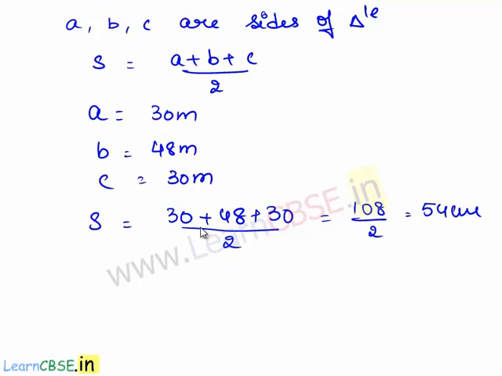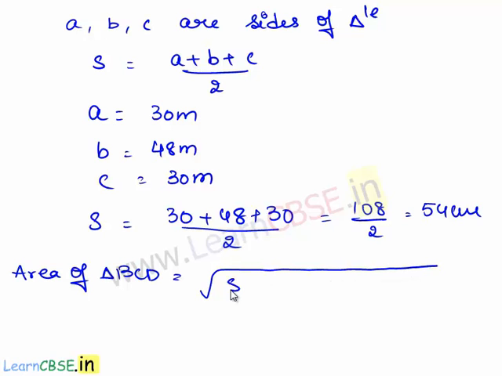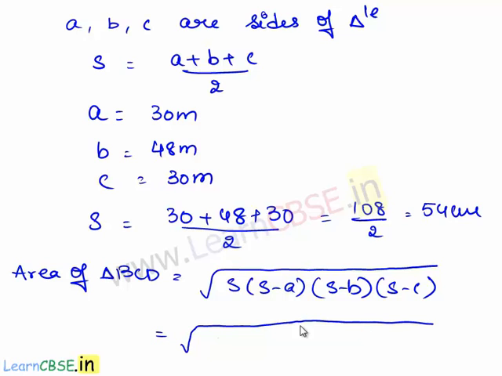Now we shall substitute the value of S in the formula for the area of triangle BCD, which is equal to square root of 54 times (54 minus 30) times (54 minus 48) times (54 minus 30).